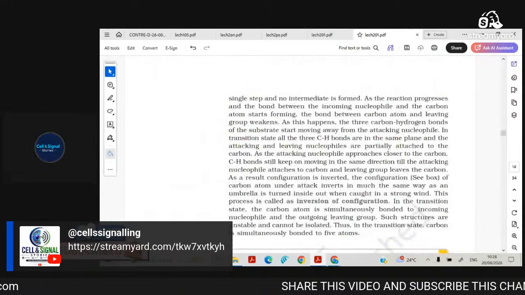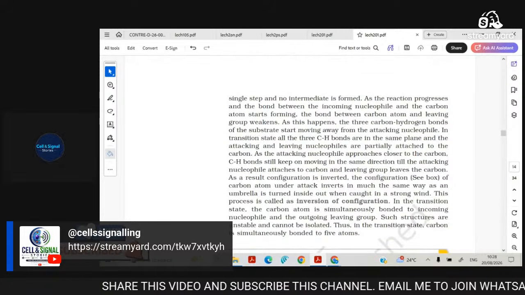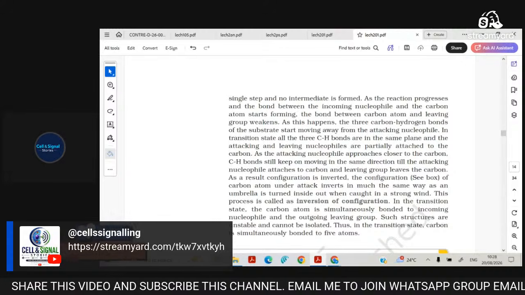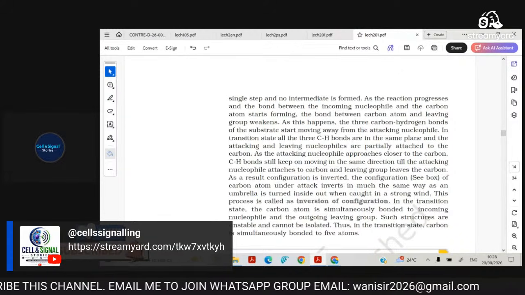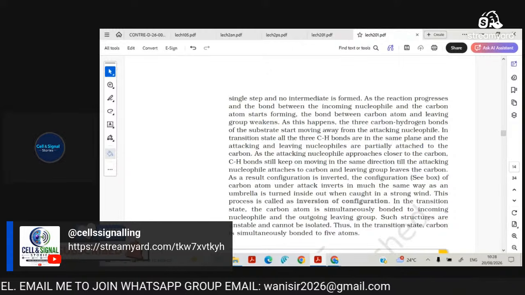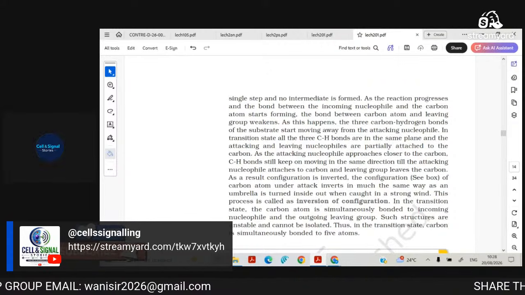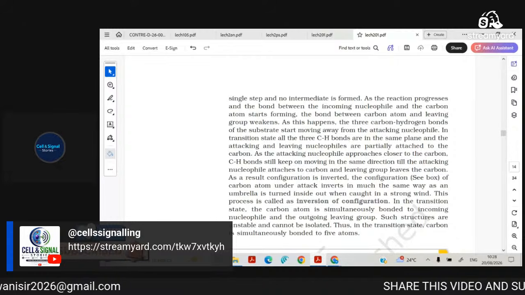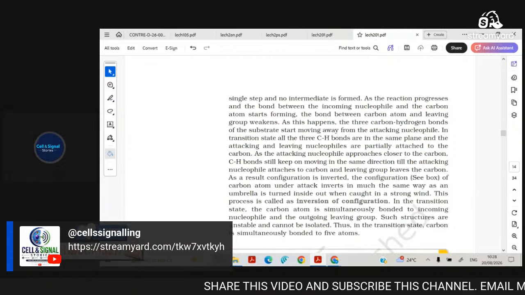They start moving away from the attacking nucleophile, and in the transition state all three CH bonds are in the same plane, and the attacking and leaving nucleophile are partially attached to the carbon. That means the leaving group and the attacking group are partially attached to the carbon.